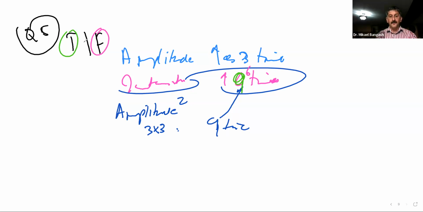Also watch out for increase and decrease. If it said that as the amplitude increases 3 times, and the number here is 9 times, not 6, but the intensity decreases, then it's still wrong.